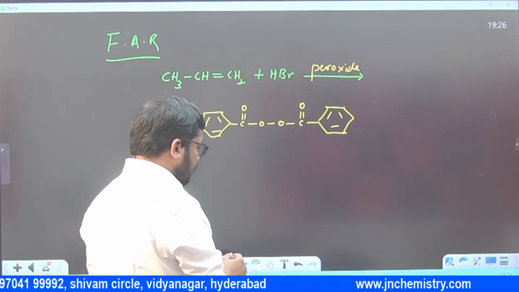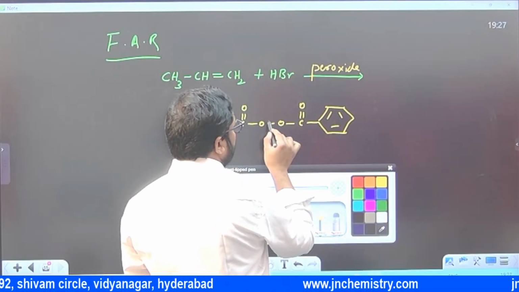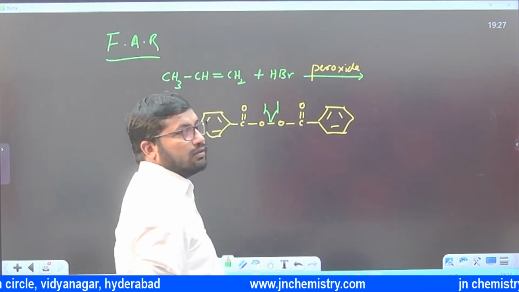This benzoyl peroxide undergoes homolytic cleavage.